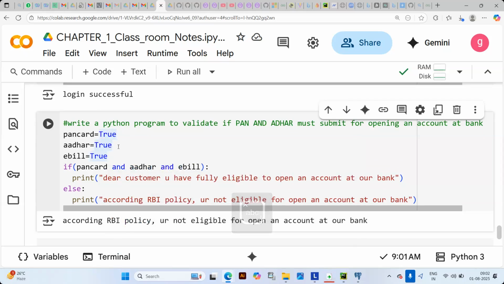This is a three-factor checking, because nowadays people might come from other countries. They might not have valid proofs. They might be ISI agents. They might manipulate something. So any one of the address proofs is mandatory. If we submit three, then only I would be able to allow you to open an account.